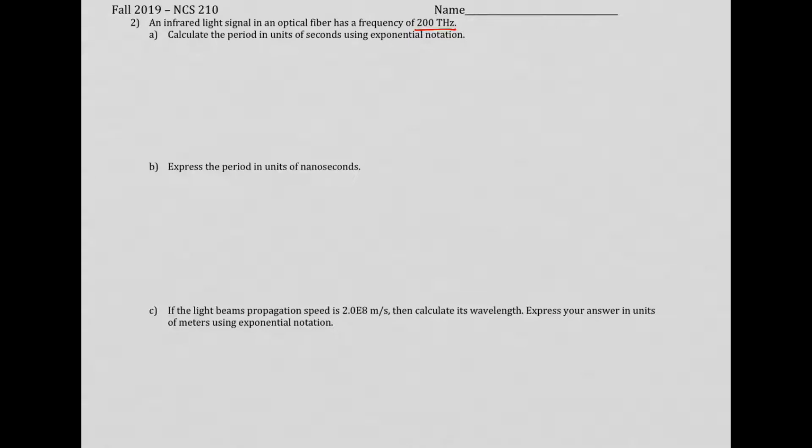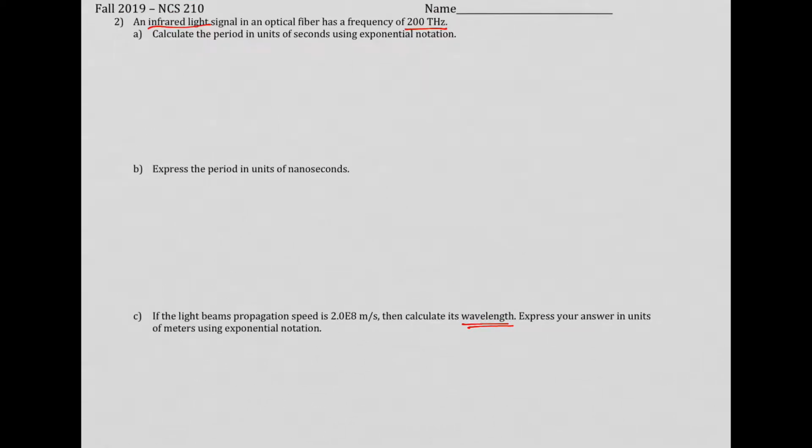And in fact, the frequencies are so high that we normally speak about wavelengths when we talk about infrared light. And so I will have you convert that to a wavelength below. But for now, we're going to calculate the period, T, and we're given the frequency, f, just like the last problem.